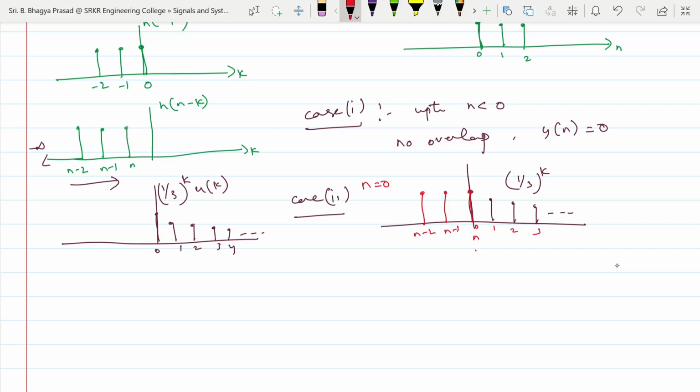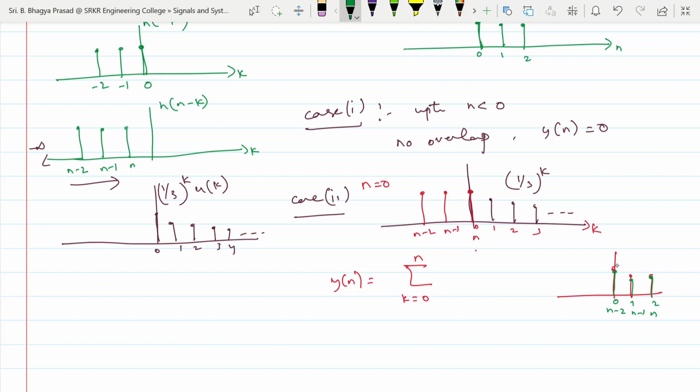So you have to write this as y of n equal to summation k equal to 0 up to n only. Why? Because the overlapping will be like this when n equal to 2: 0, 1 and 2, n, n minus 1, n minus 2.